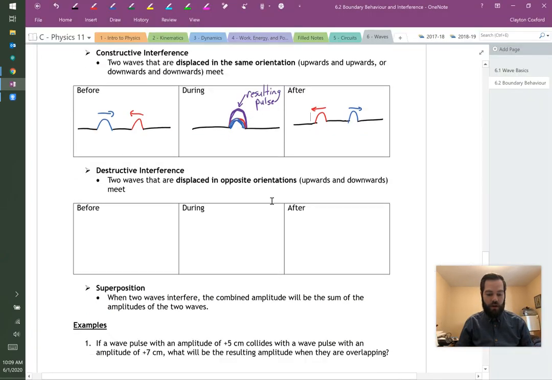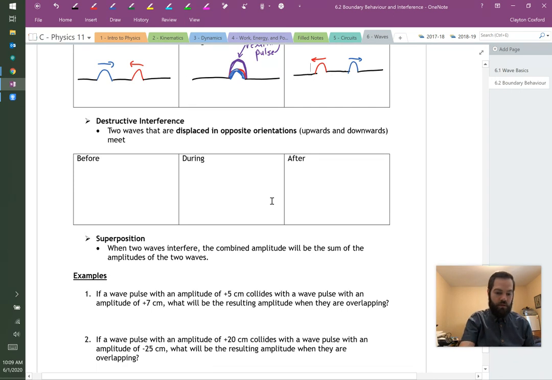Okay, so let's draw that, and then we'll do a little bit of math here. So if we have a positive wave pulse over here and a negative wave pulse over here, and they're moving in their respective directions, blue to the right, orange or red to the left, then when they overlap each other, we have red downwards, we have blue upwards.